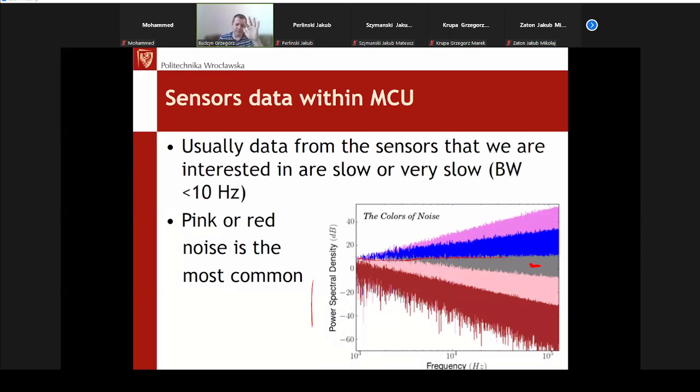We don't have much time for going into theory, but the reduction is with the square root of the bandwidth, basically, because the signal to noise ratio is inversely proportional to the square root of the bandwidth.